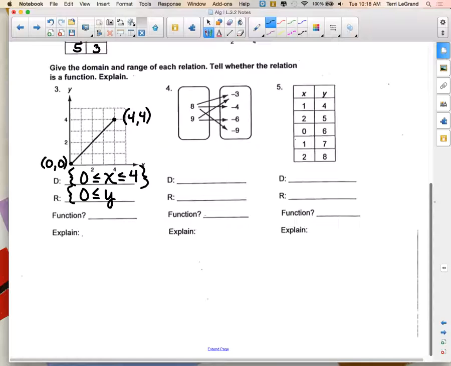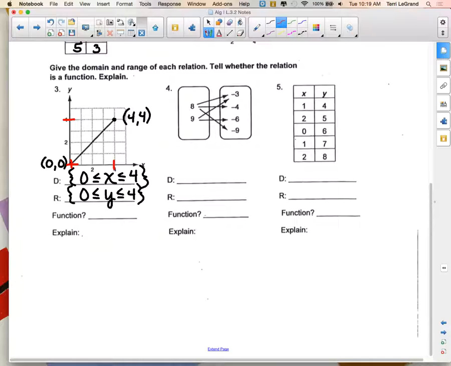That's where you're going to mess up. They both happen to have the same endpoints, but don't forget domain is x's, range is y's. In other words, it went from here to here on the x-axis. That's what helped us get our domain. It went from here to here on the y-axis. That's what helped us get our range.